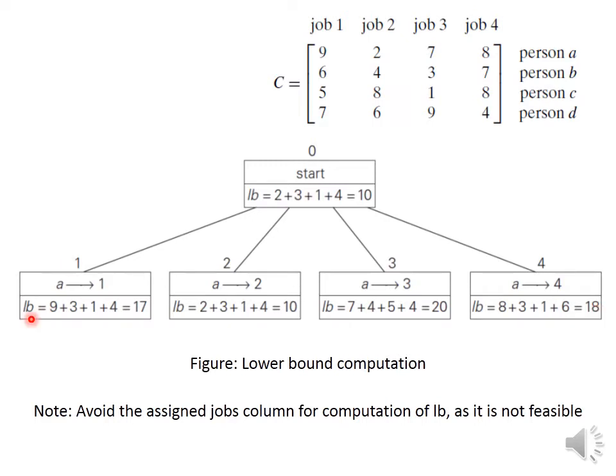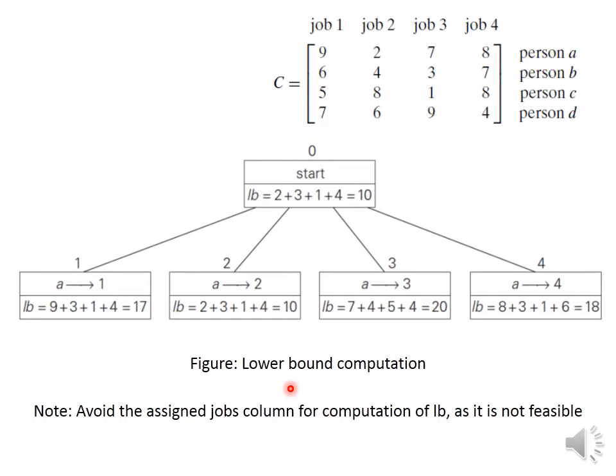Similarly here also, for job 1, while computing this 3, 1, 4, we need to exclude the first column. Here A is assigned with job 2, so we need to exclude the second column while computing the minimal values. This is how lower bound computation is done.